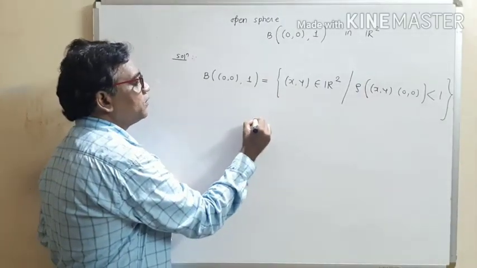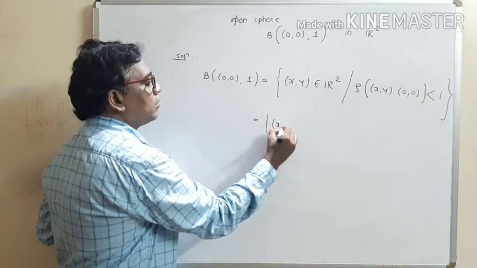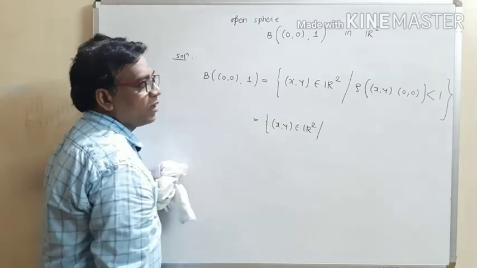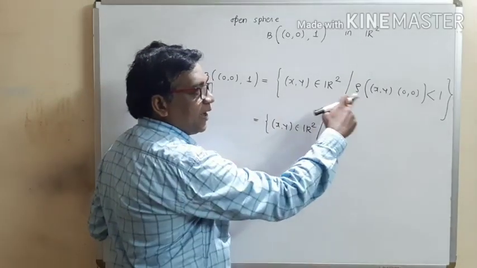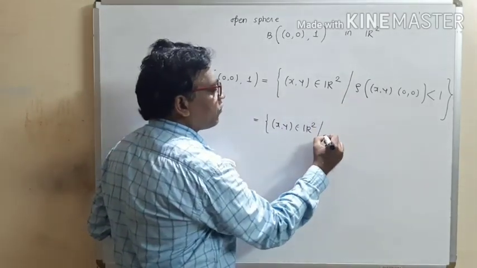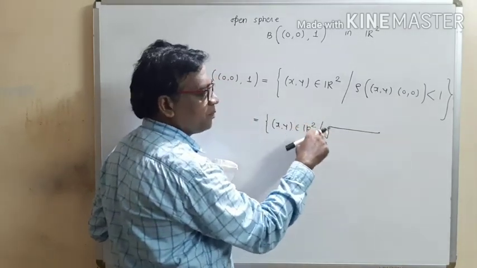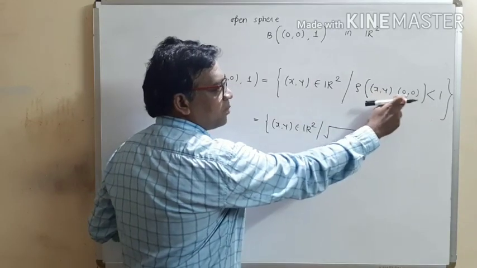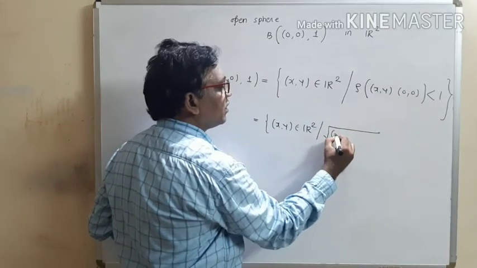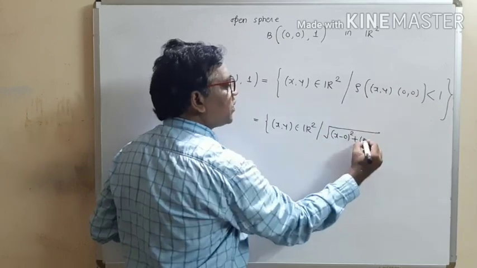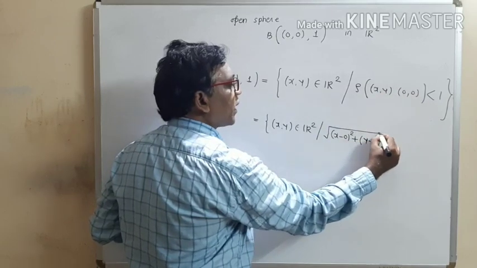So this is equal to: find out those points in R2 such that the distance between any 2 points is given by the formula under root (x1 minus x2) square plus (y1 minus y2) square, meaning under root (x minus 0) square plus (y minus 0) square.